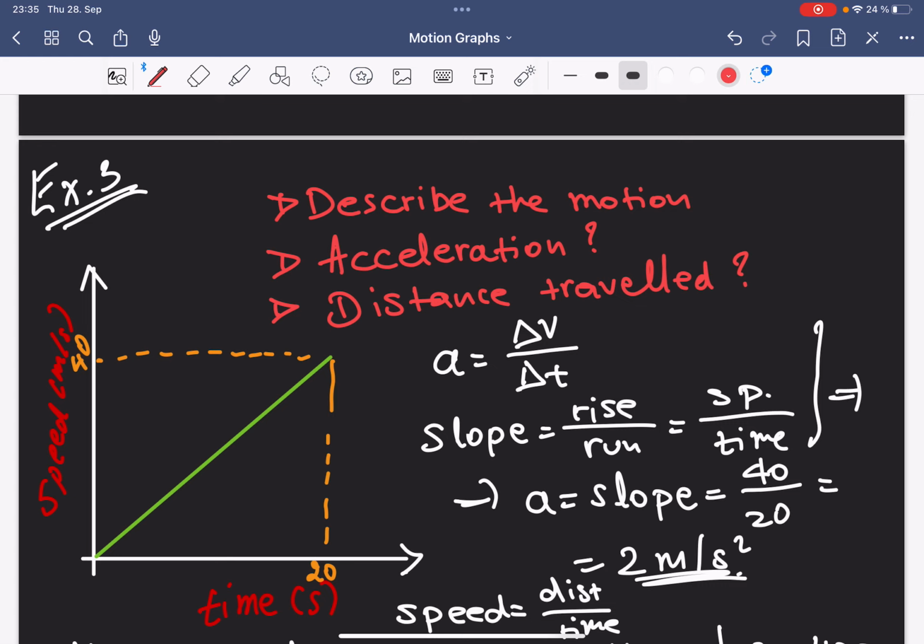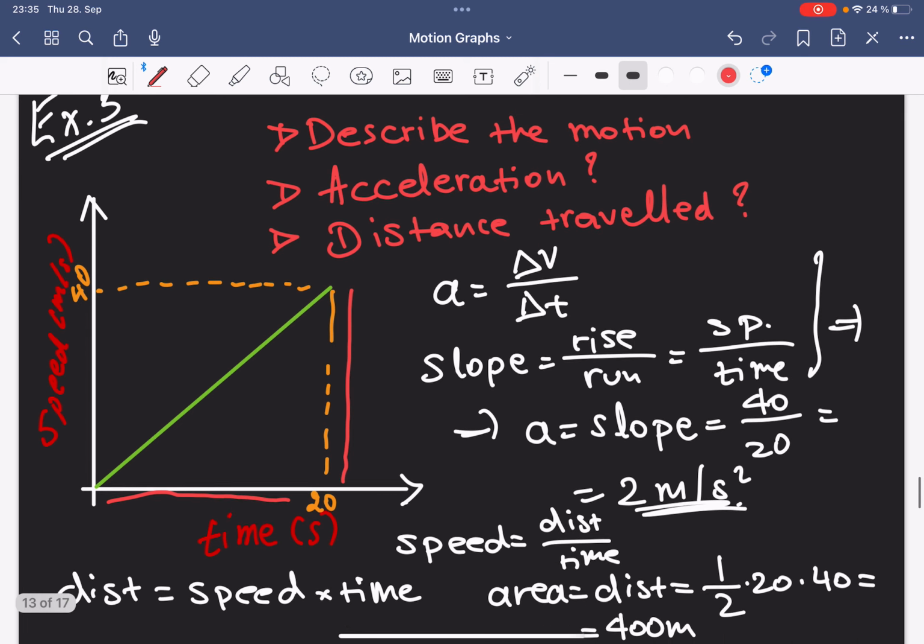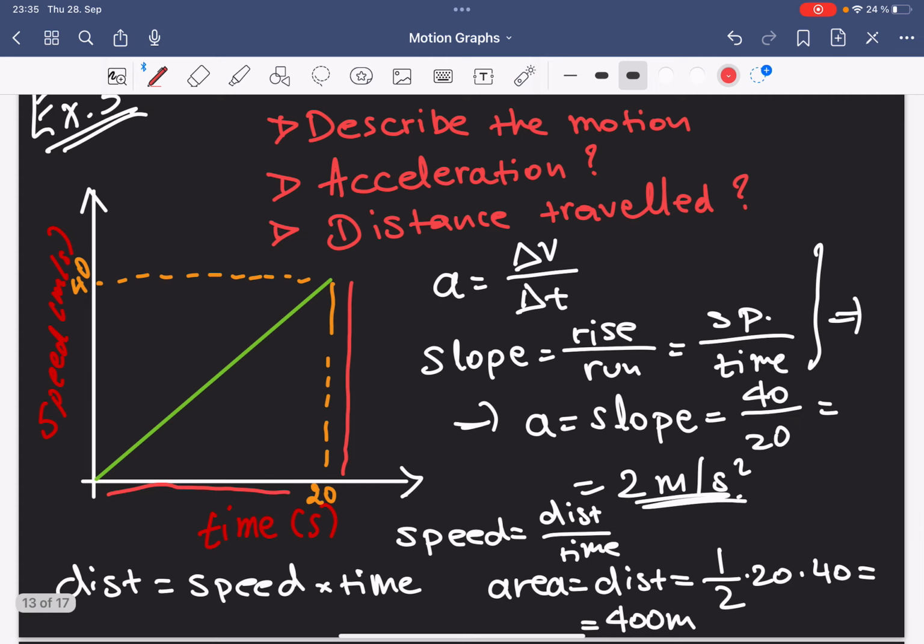Now, if we look at the slope in the speed time graph, the slope rise over run is going to be the rise, which in this case is equal to the speed, over run, which is going to be time. But this happens to be also our definition for acceleration. So from these two relationships, we can easily conclude that the acceleration is going to be given by the slope. So the slope on this diagram is going to be 40 rise over run 20, and that's 2 meters per second. And that's the acceleration which we got from the slope.